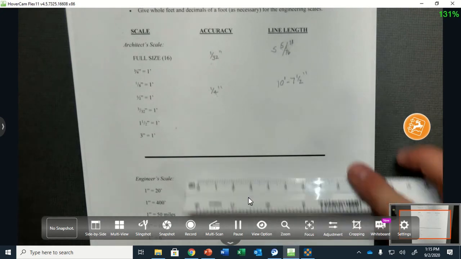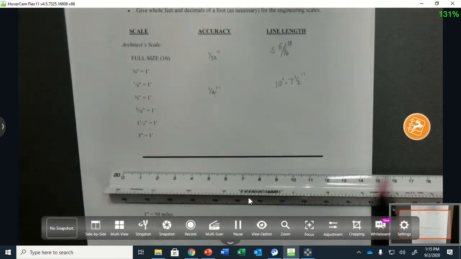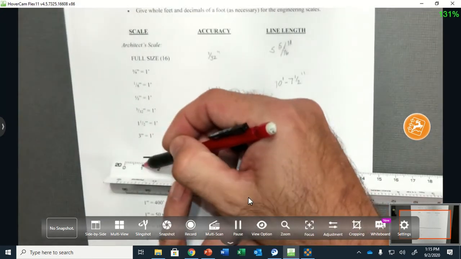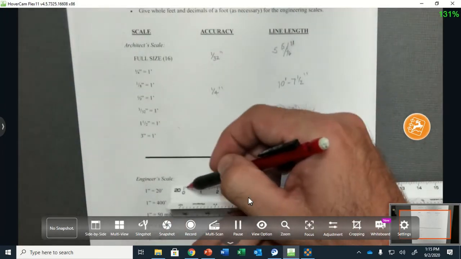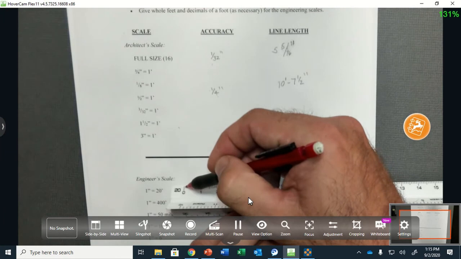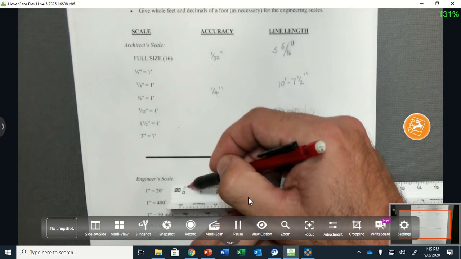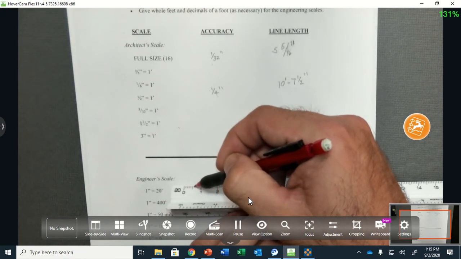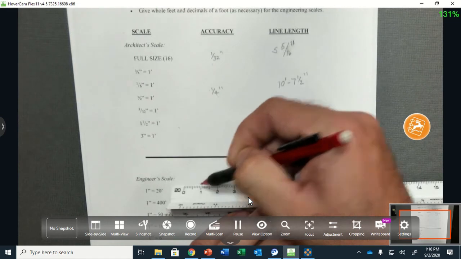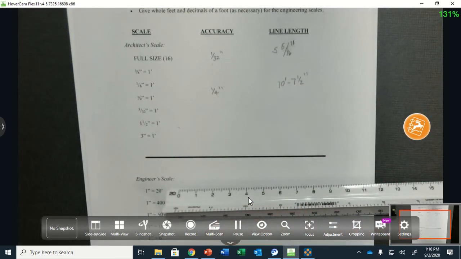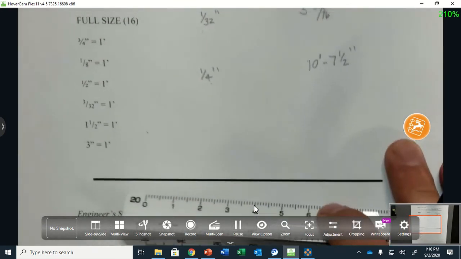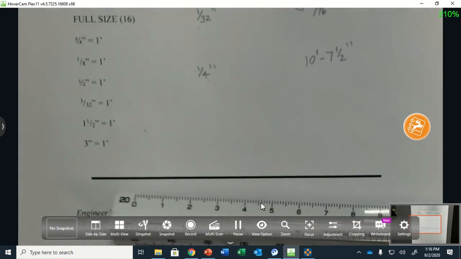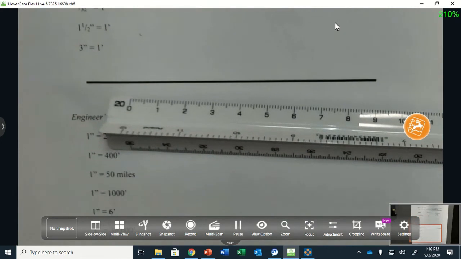All right, 1 inch equals 20. Okay. So this is 10 feet, this is 20 feet. Okay? So if I know this is 10 feet, each tick mark is 1. 1, 2, 3, 4, 5, 6, 7, 8, 9, 10. So that was really hard to see. I'm going to really zoom that in. Okay? And then what I'm going to do is I'm going to push this up.